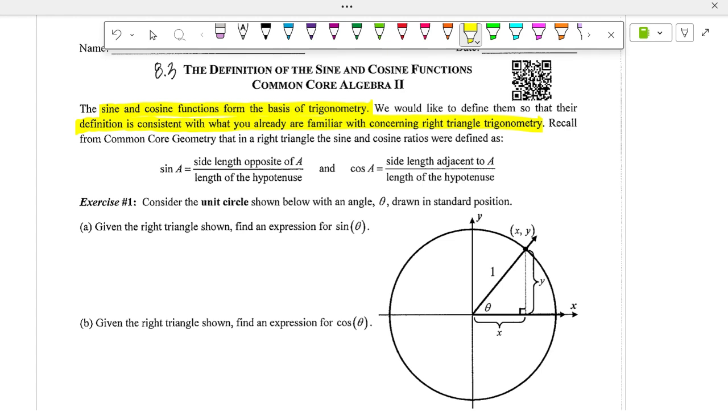So in Math 2, the only thing you did with trig in Math 2 was right triangle trig. Meaning everything you did with it was dealing with right triangles. So the main thing that you did was SOHCAHTOA. Do you guys remember SOHCAHTOA a little bit?